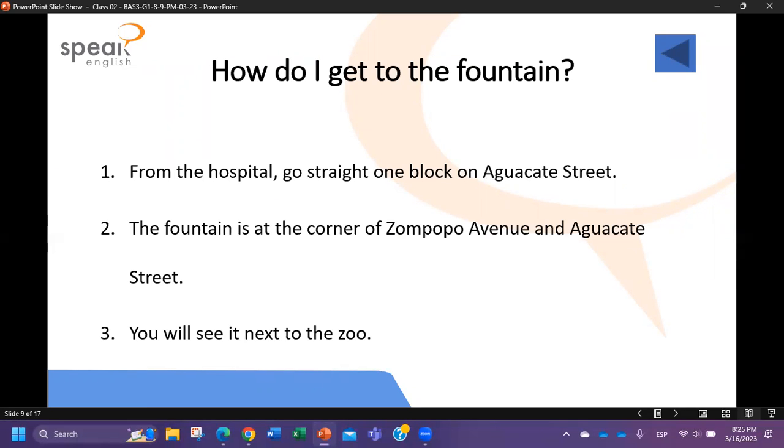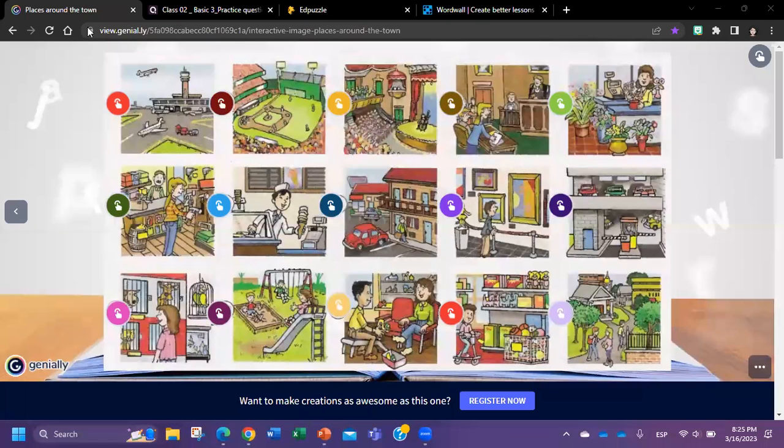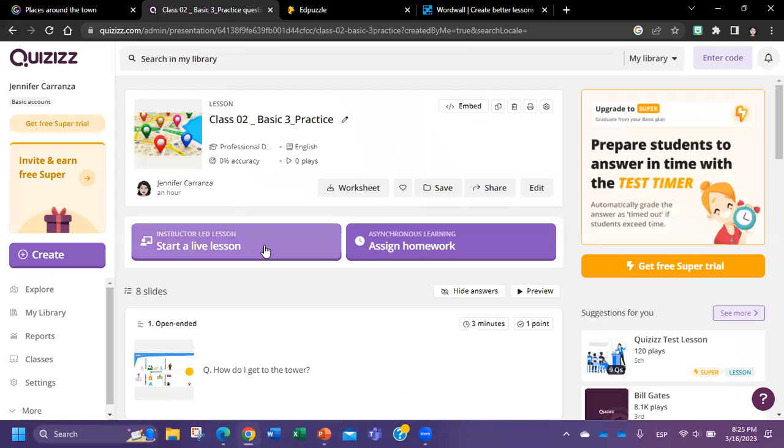So are we clear on how we create the directions? Is it clear the idea? Yes, it's clear. Okay, perfect. So now we can practice. I'm going to be moving along to the next part.